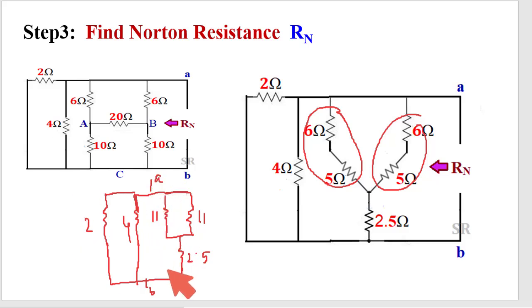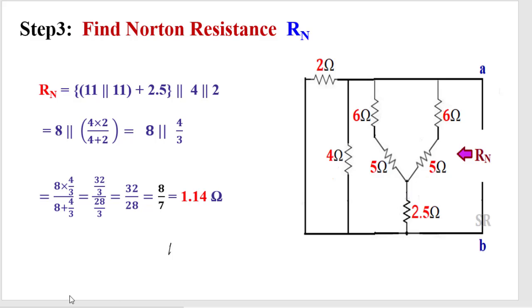So now it is easier to understand what the different combinations are. 11 and 11 in parallel, the equivalent of that is in series with 2.5, the equivalent of that is parallel with 4, and the equivalent of all that is parallel with 2. Ultimately in the calculation we got Rn as 1.14 ohm.